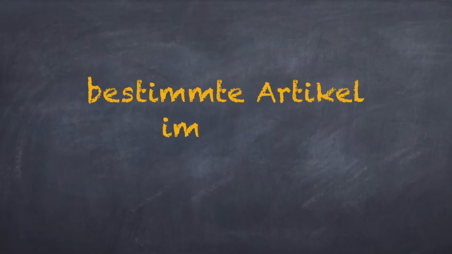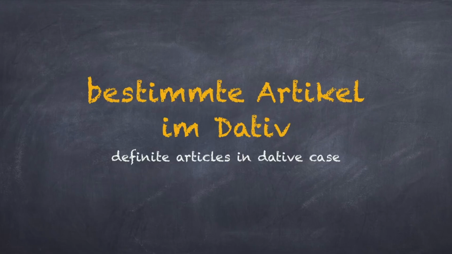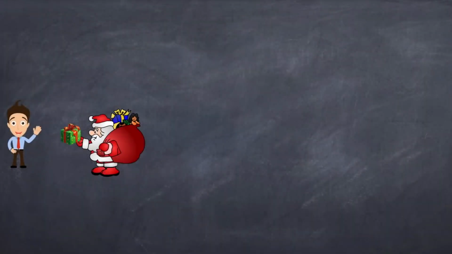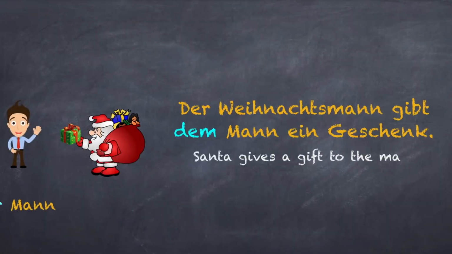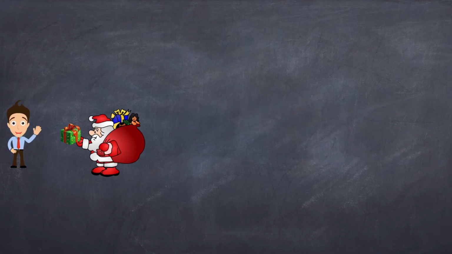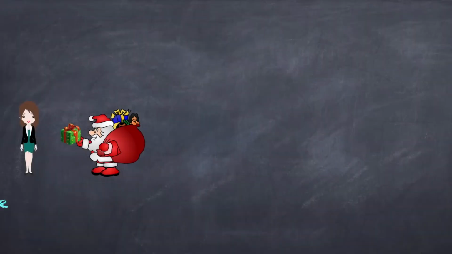Now let's see what happens to the articles in Dative. Bestimmte Artikel im Dativ. We'll be doing a few sentences to understand them. Der Weihnachtsmann gibt dem Mann ein Geschenk. Der Mann changes to dem Mann in Dativ. Moving to the next one.